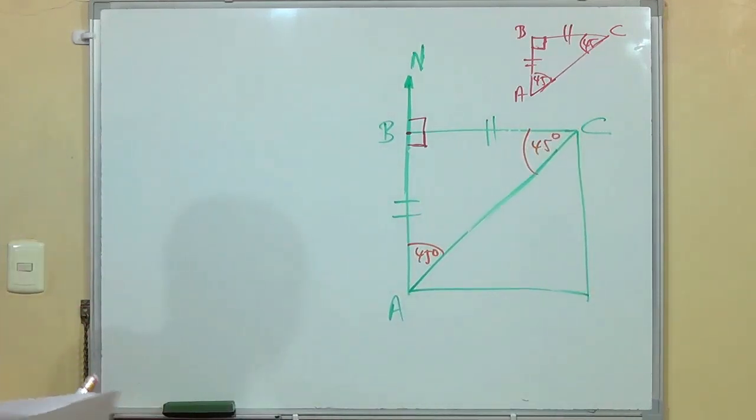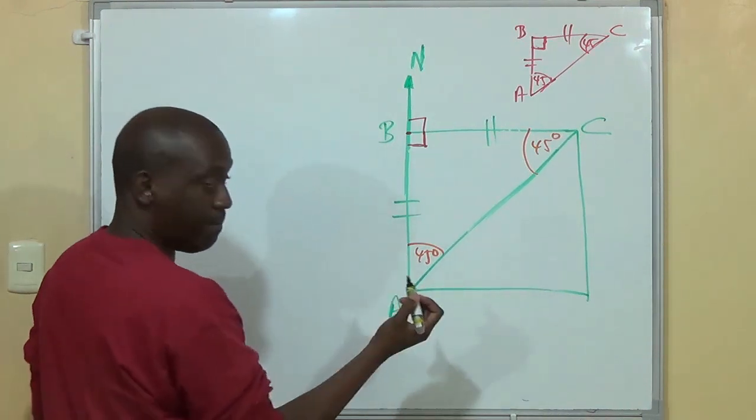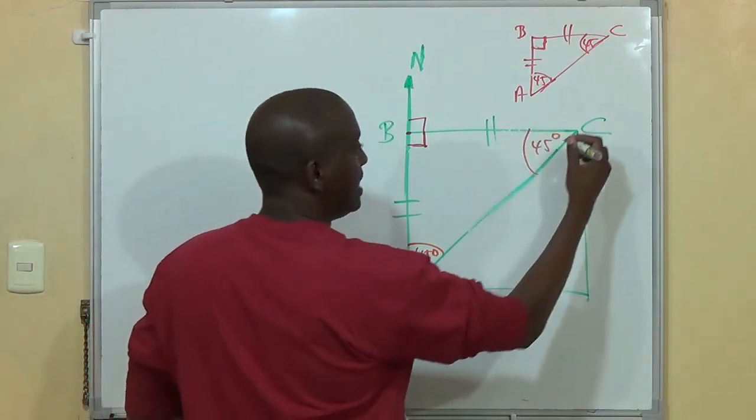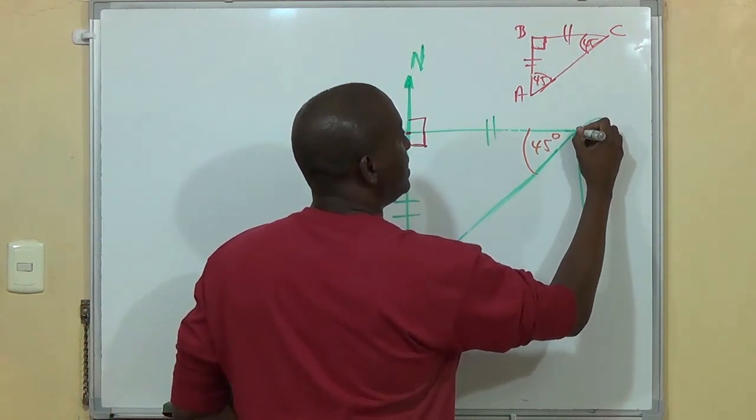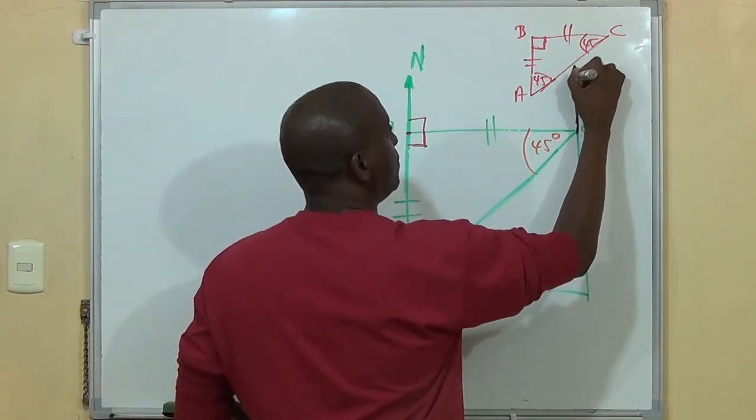Now, the question asked for the bearing of A from C. So if we want to get A from C, it means that we're starting at C. And if we're starting at C and we're talking bearings, that's a north line there.